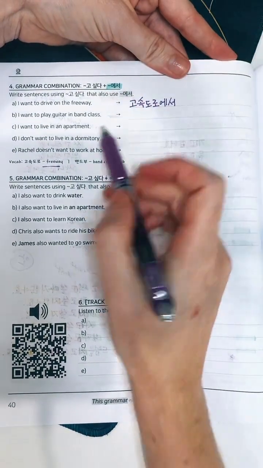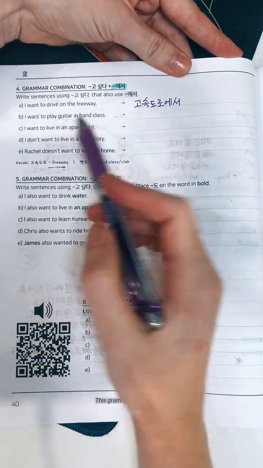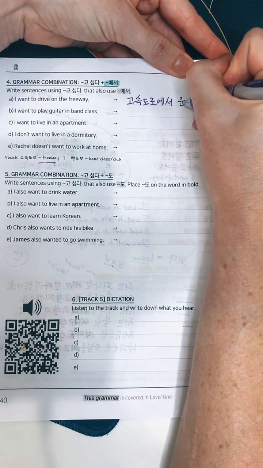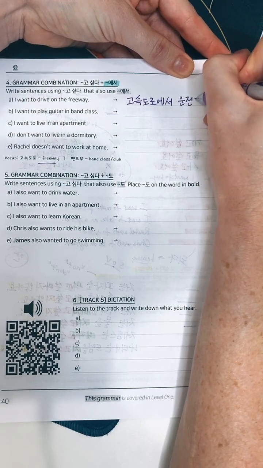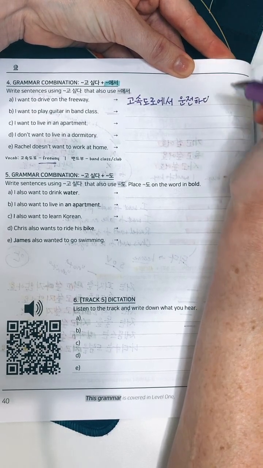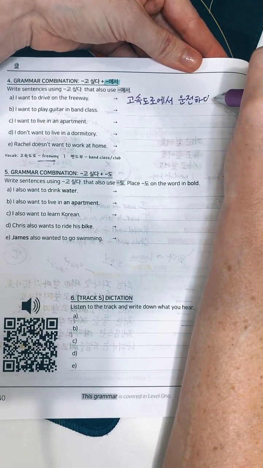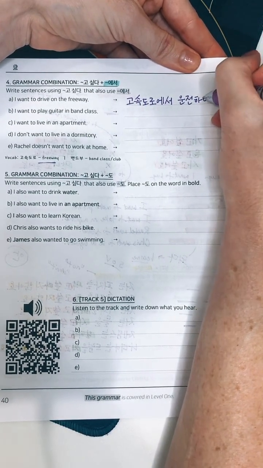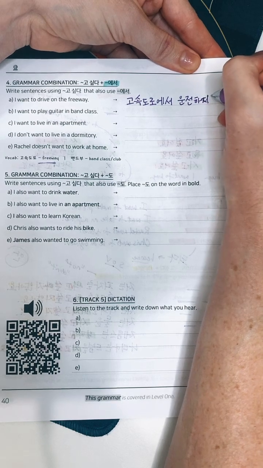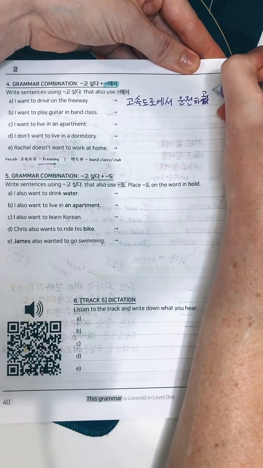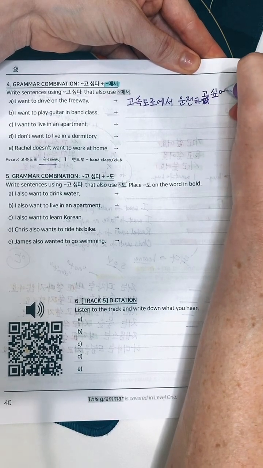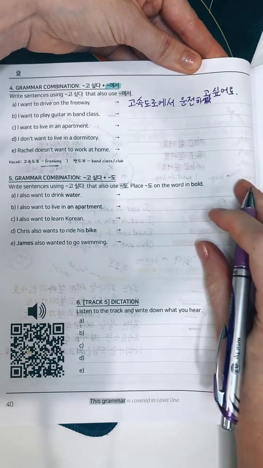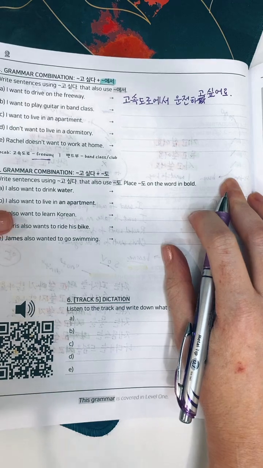고속도로에서. Now, to drive is the verb 운전하다. And then we take the verb, right? Take off 다, and it becomes 고 싶어요. 운전하고 싶어요.